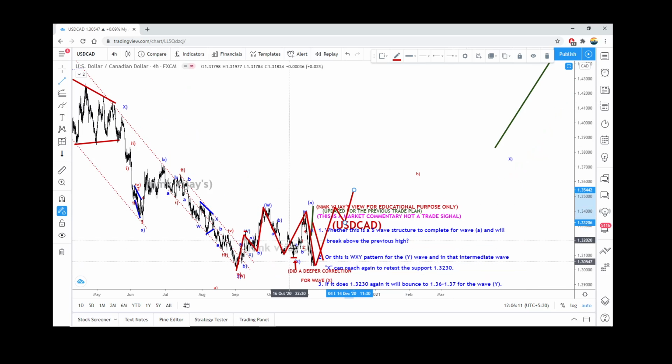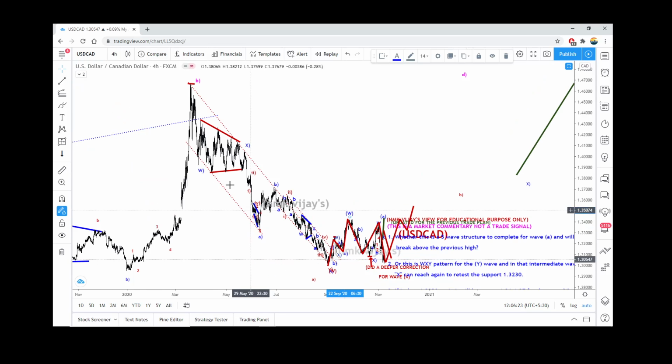If it doesn't break the high and doesn't break the low, the intermediate wave, this is a W, so the X could be a triangle, and then Y has to break above this W. Or if this is the end of that Y wave, this is an X wave as a triangle, and the Z wave can come to the downside also.